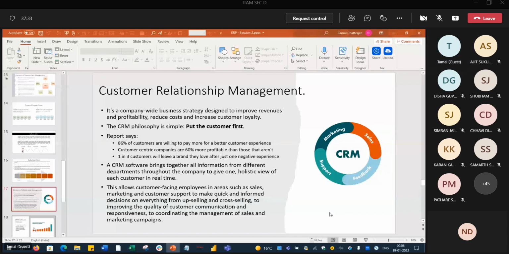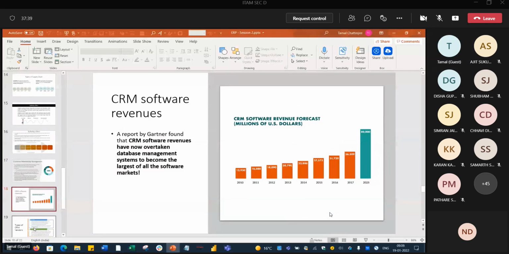Okay, next one is the revenue. See the revenue growth in the last 10 to 15 years. It is basically growing by leaps and bounds because every company is investing in their CRM to help customers across the globe, to give a better experience so that the customer has a better experience always, every time.